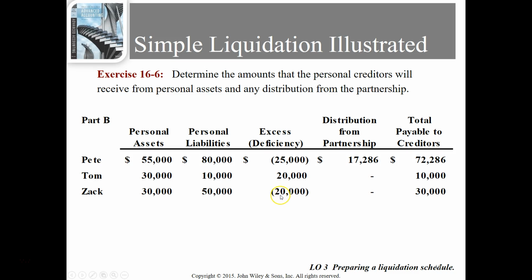Pete was distributed 17,286. The total payable to the creditors at this point in time would be the 72,286, 10,000, and 30,000.